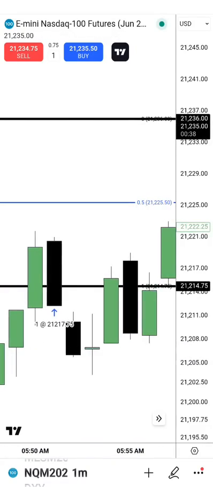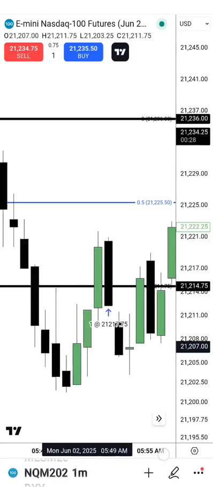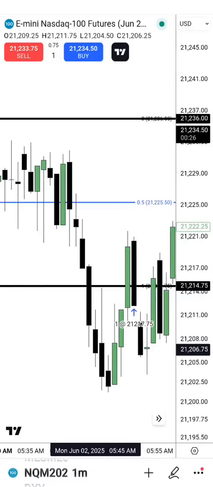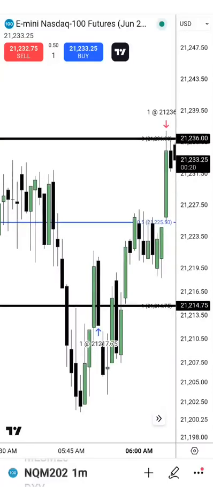Low comes in at 203.5, right? Am I correct in that? 203.5. So 14 handles drawdown.